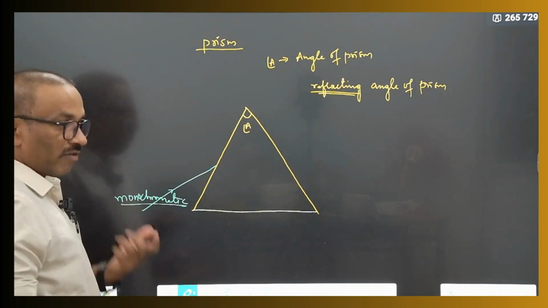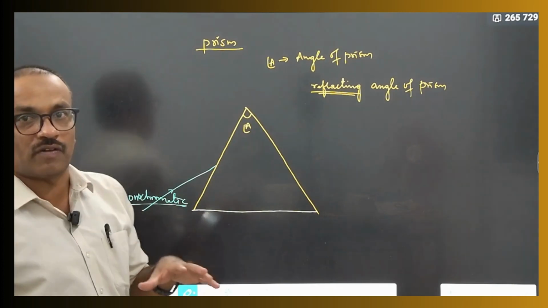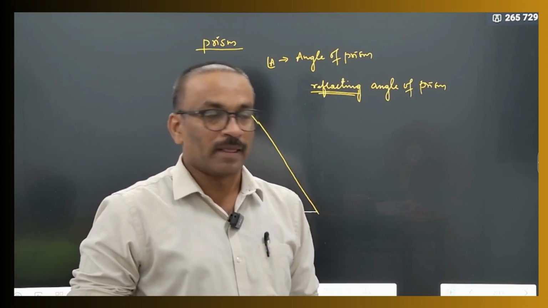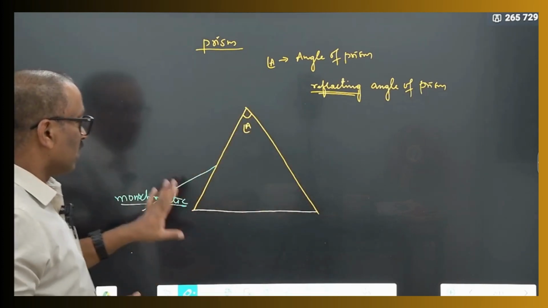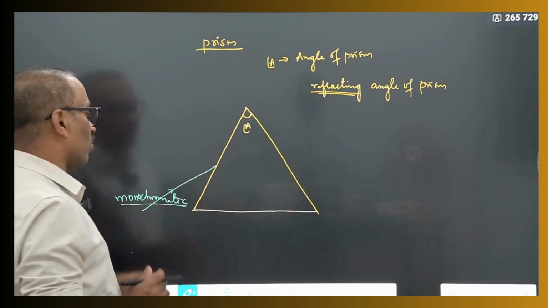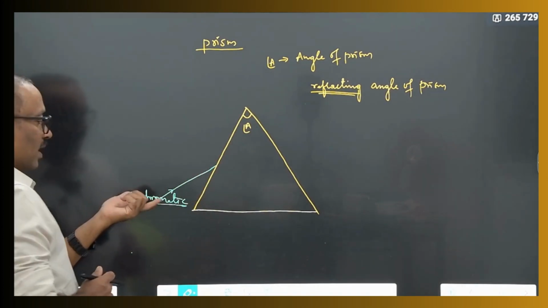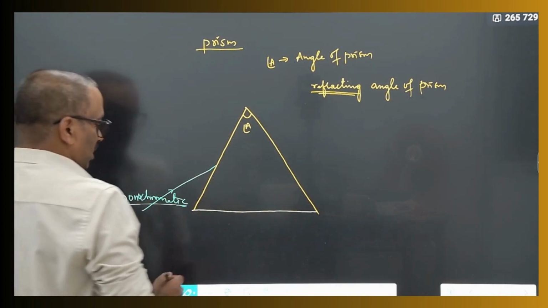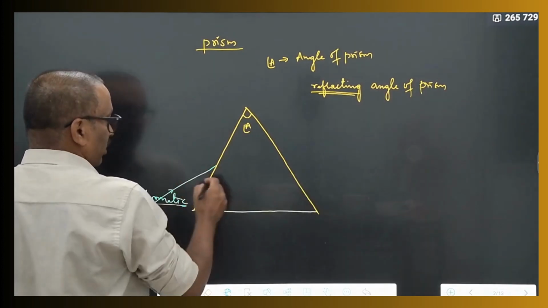Not white light. White light is a combination of many colors, so we call it polychromatic. Later we will discuss dispersion with polychromatic light. Here we incident one single color light ray. Why, we will also study at the end of this video.